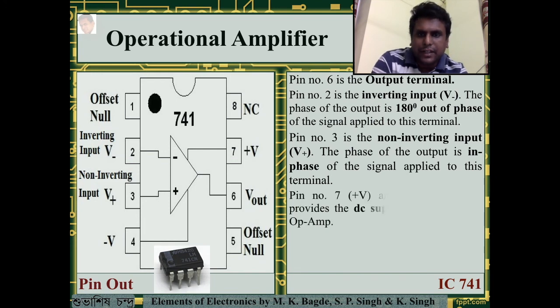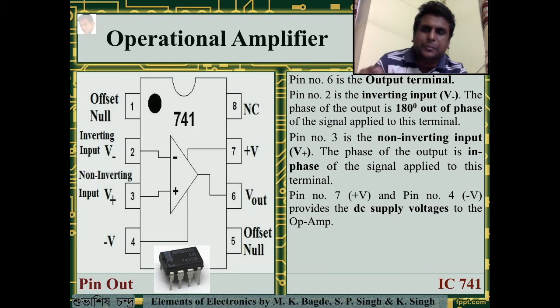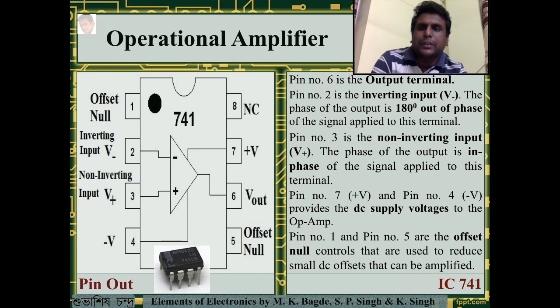Pin number 7 and pin number 4 provide the DC supply voltages. Pin number 7 is plus VCC and pin number 4 is minus VEE that you have seen in the differential amplifier earlier. And lastly, pin number 1 and pin number 5, these are the level shifter pins and they are used to control the DC offsets so that the output is brought to 0.